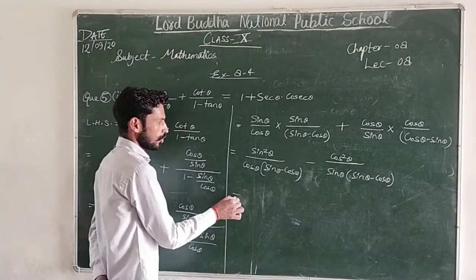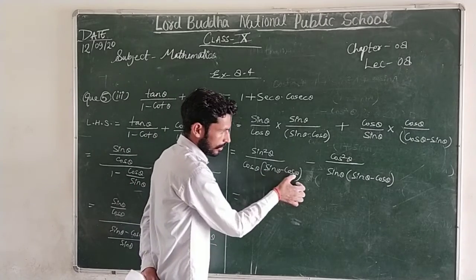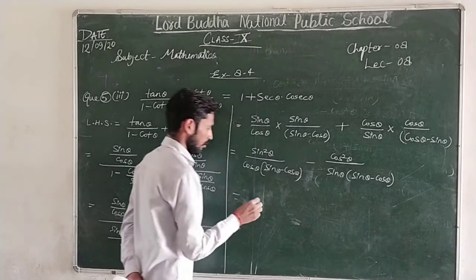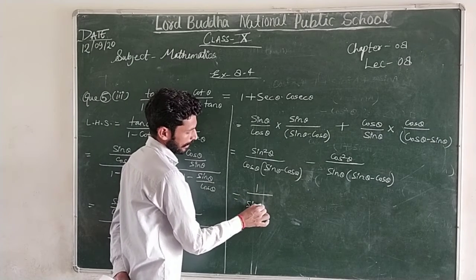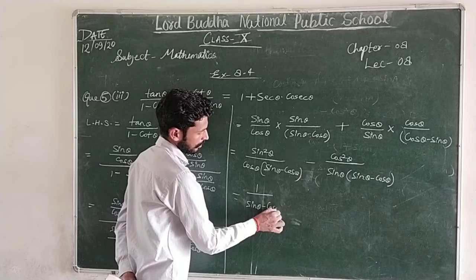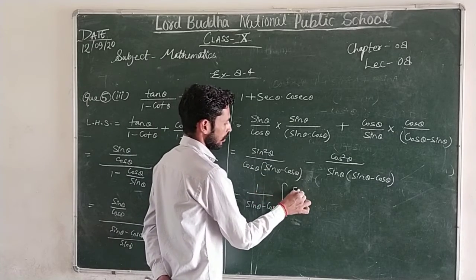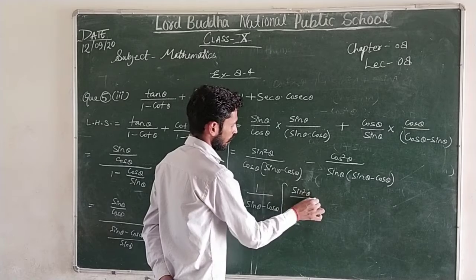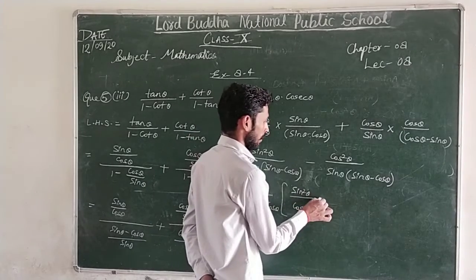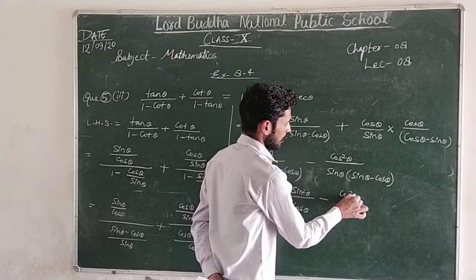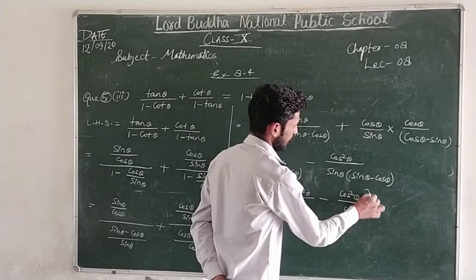Okay, so we can see here sin theta minus cos theta, sin theta minus cos theta. So we can take it common, 1 upon sin theta minus cos theta, and in bracket sin square theta upon cos theta, and here minus cos square theta upon sin theta.